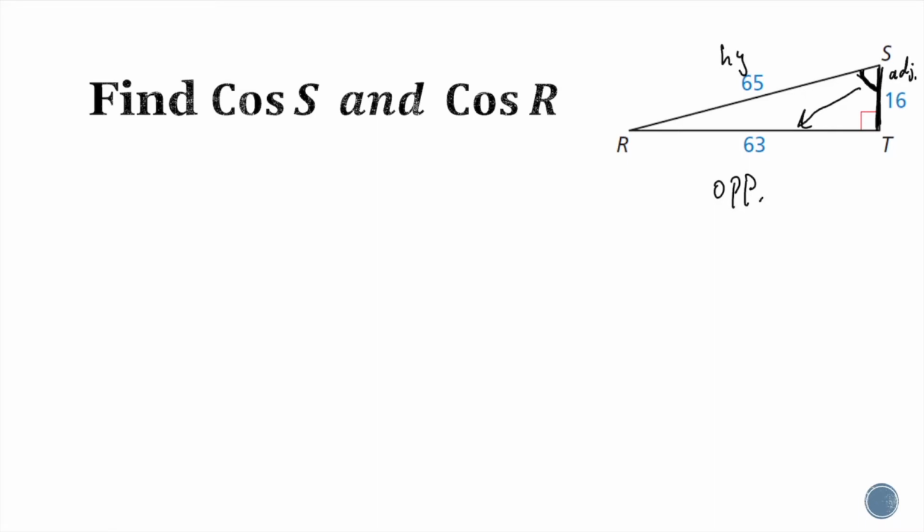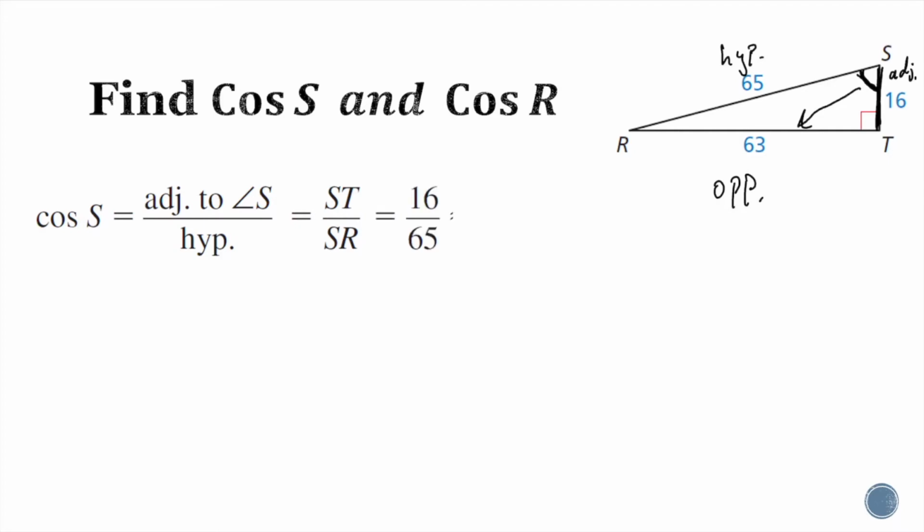And the hypotenuse, again, is always the hypotenuse. So cosine of S is the adjacent side of S divided by hypotenuse, which is equal to the line segment ST divided by SR, which happens to be 16 over 65.